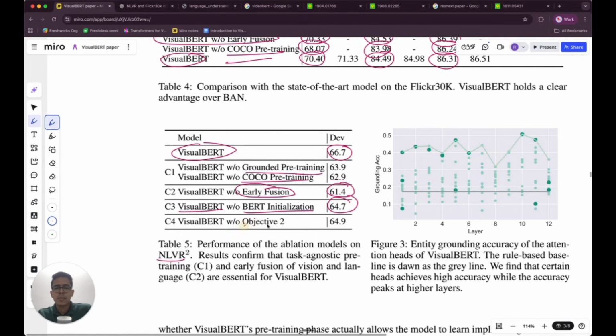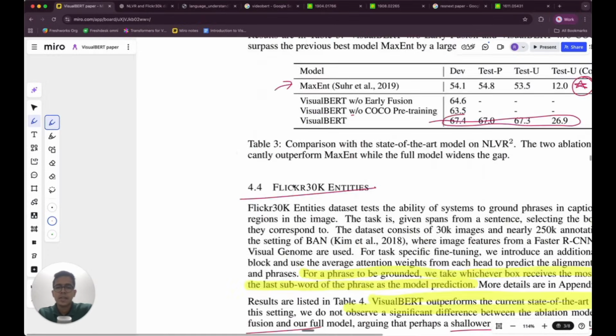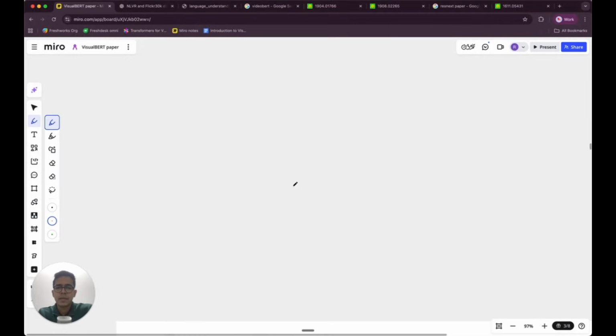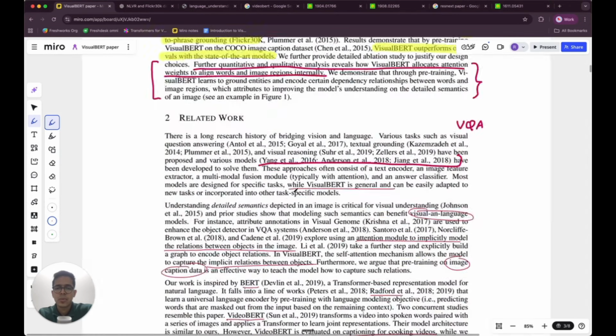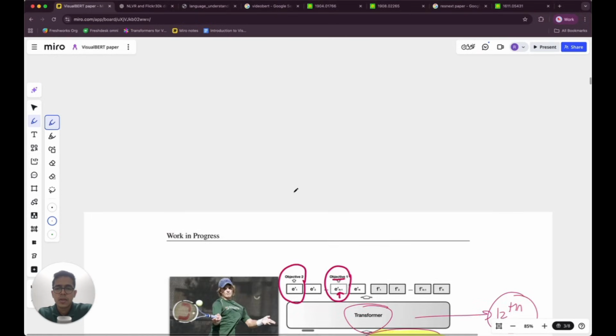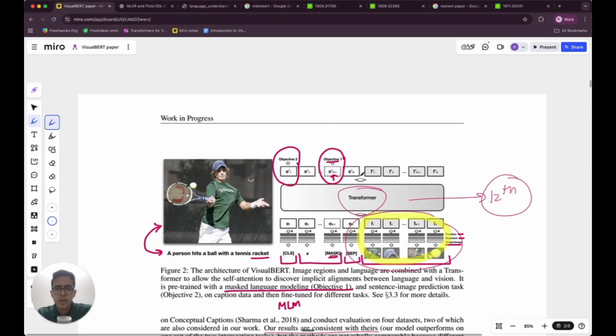VisualBERT without Objective 2. Objective 2 is, I guess, classification, right? Objective 1 was the mask prediction, if I remember correctly. Let's check the figure 2 once more. Yeah, this is figure 2. Yeah, objective 1 was mask prediction.